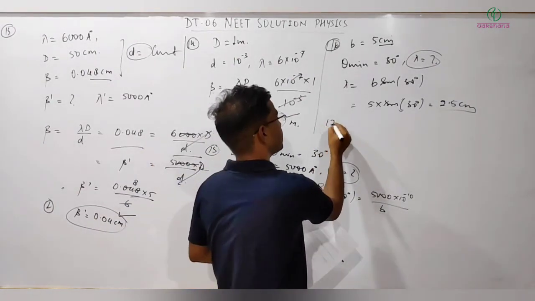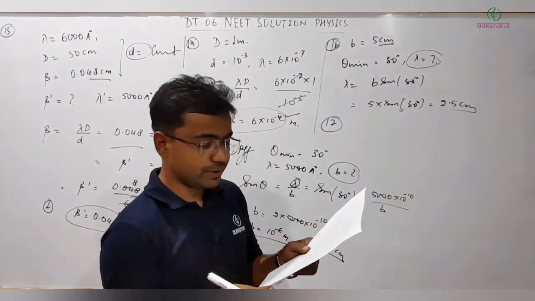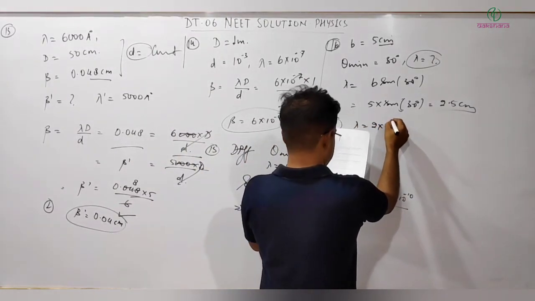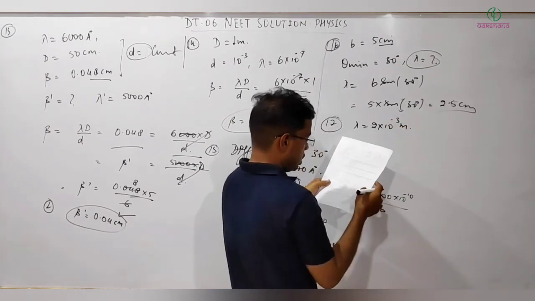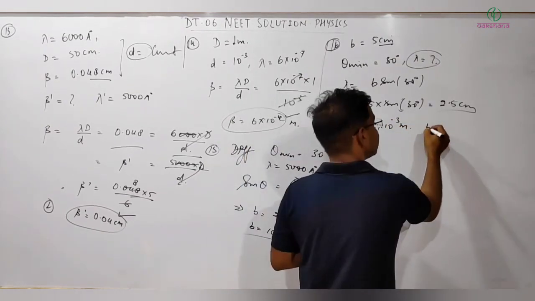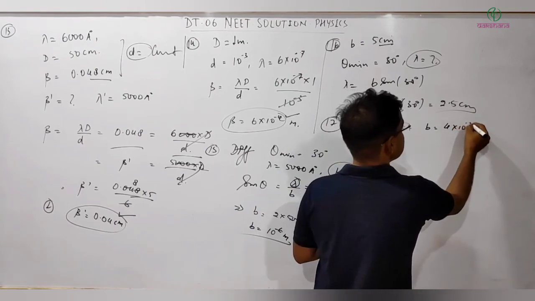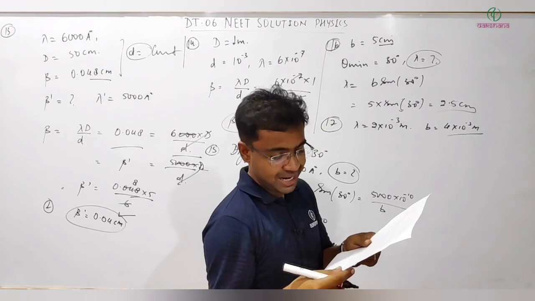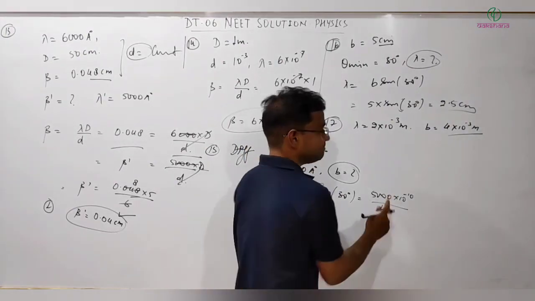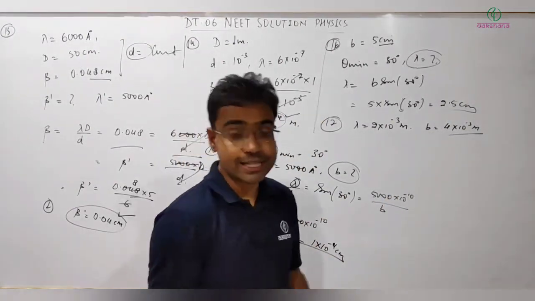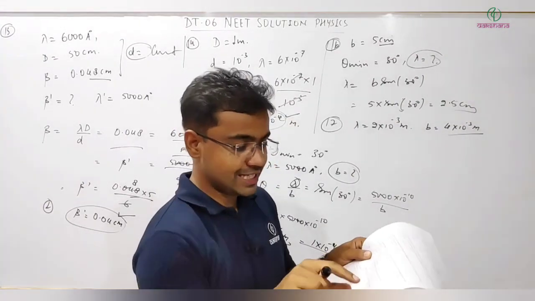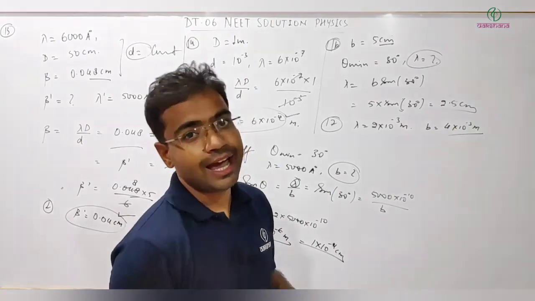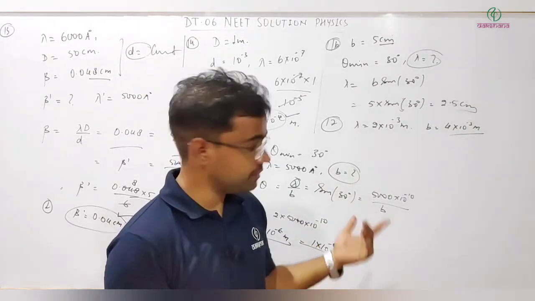17. Radiation of wavelength lambda equal to 2 into 10 to the power minus 3 meter falls on a slit of width 4 into 10 to the power minus 3 meter. The angular dispersion for the central maxima will be. So this is talking about radiation falling on a slit, so it's a single slit, and there only diffraction is possible.